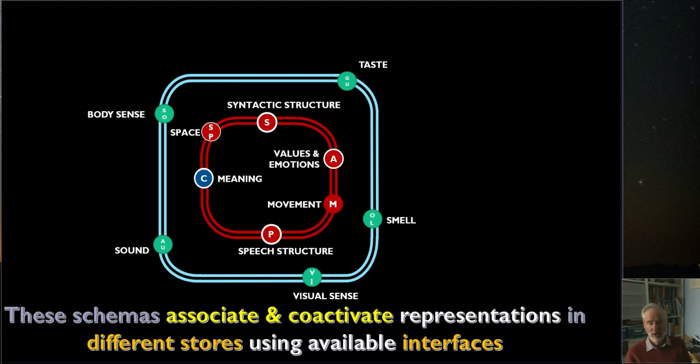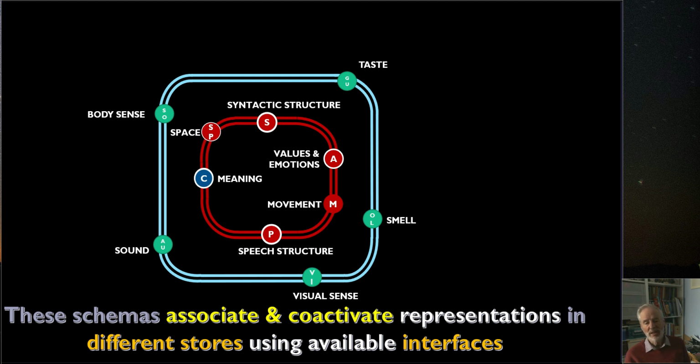What I showed you earlier was a very, very minimal schema, that is one between sound and meaning, a sound representation and a meaning representation, making the particular sound representation meaningful, as it were. And once that is made, then whenever you hear the sound, it will activate not just the sound representation, but the one with which it is associated, namely the meaning.